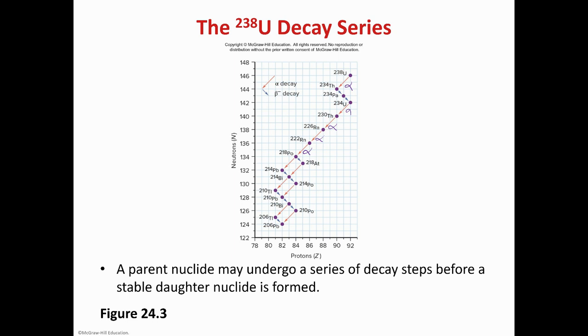There's some beta mixed in here. Ultimately, the atoms are trying to find stability, and the endpoint towards stability is lead-206. So that's the ultimate goal, to reach that stable nucleus. This can take literally what will seem like forever because the half-lives are so lengthy. They have very, very long half-lives.